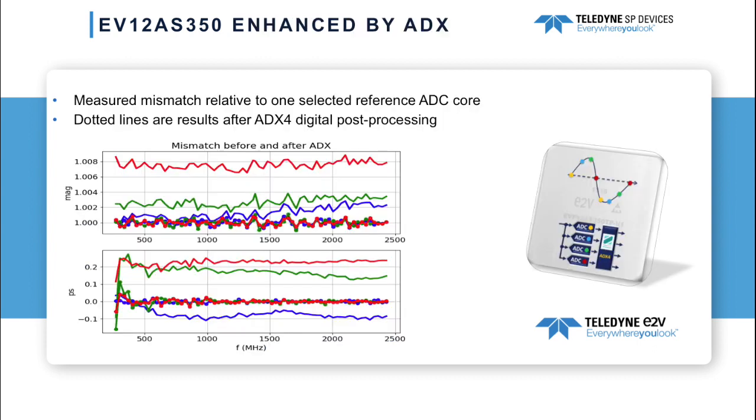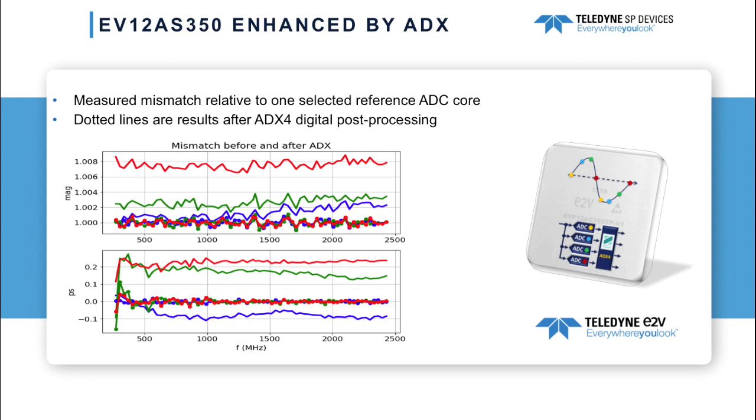On this slide, you'll see some of the enhancements that can be achieved with ADX when using the EV12AS350 ADC. And to explain a little bit, we're using the gold ADC as the reference ADC, and then we're looking at mismatches before and after the application of ADX to the signal. So there's 3, the blue, the green, the red ADCs, and you can see the mismatch here in magnitude and in time.